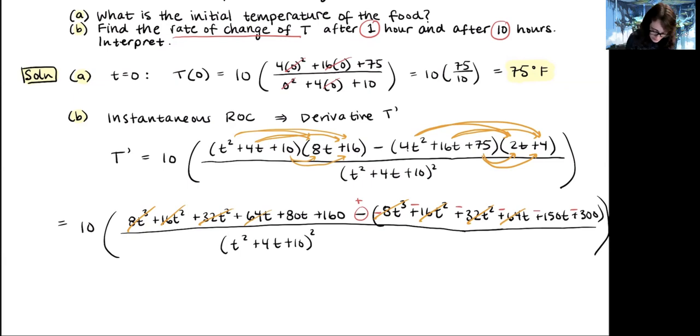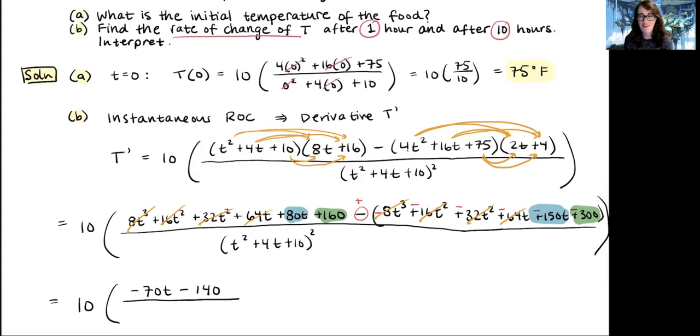And there'll be some like terms together that we can combine. So we've got 80t minus 150t. Those combined together will give us negative 70t. Then we've got 160 minus 300. That combined together will give us minus 140.